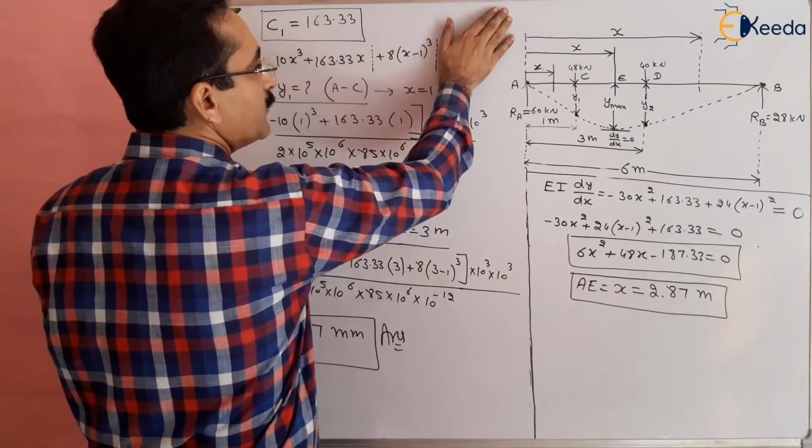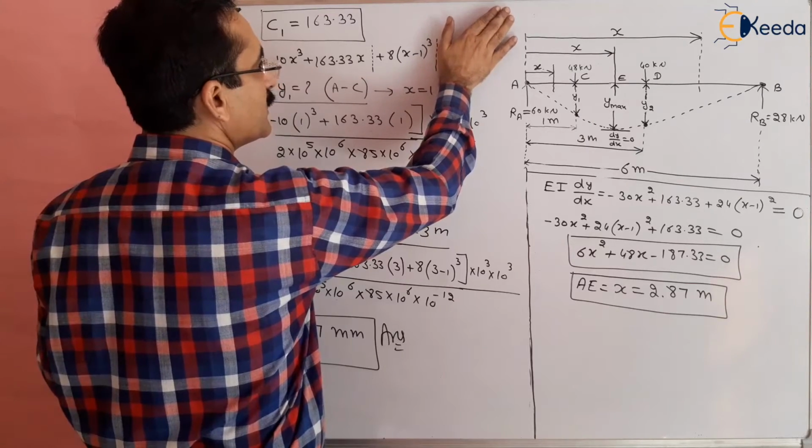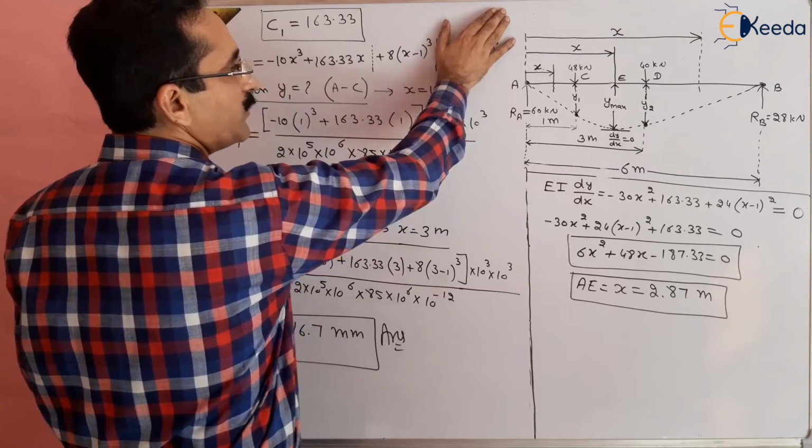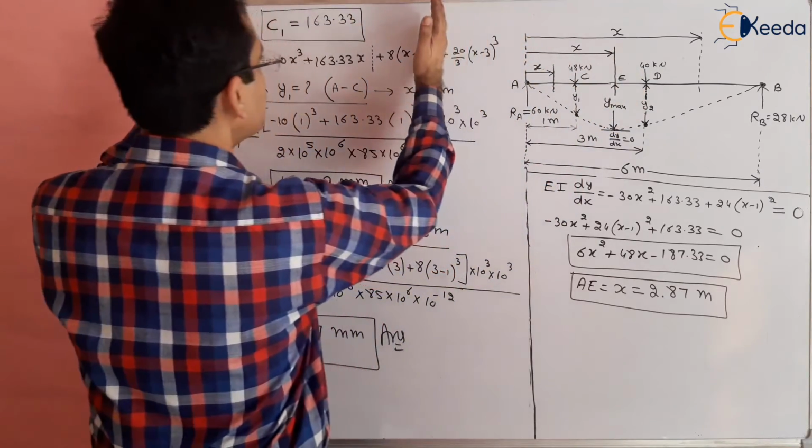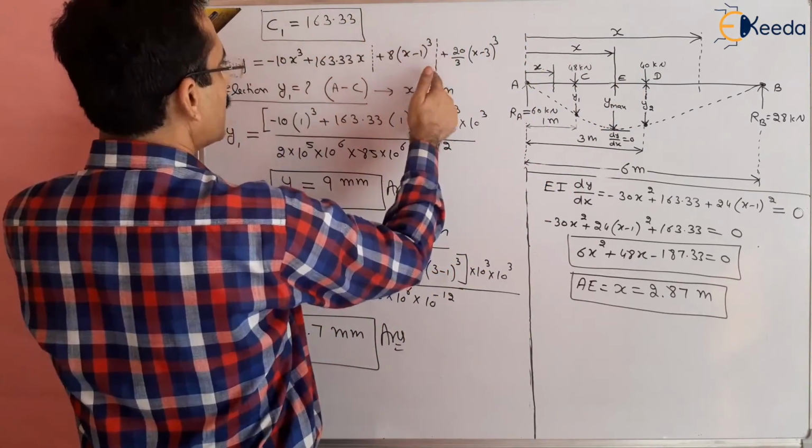This part is not required because it is needed only when we are taking a point between D and B. But we are taking points between C and D, so this part is okay up to the second dotted line, right?